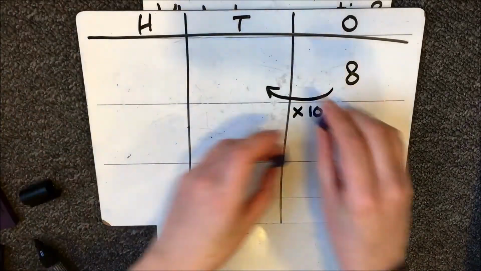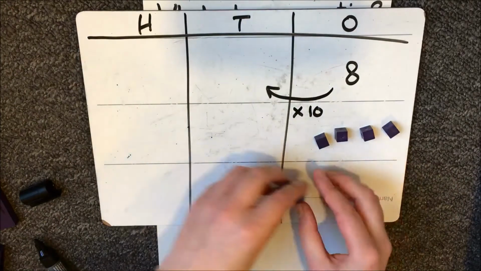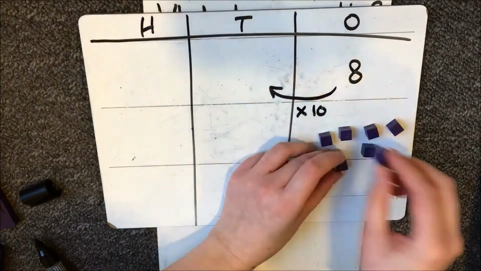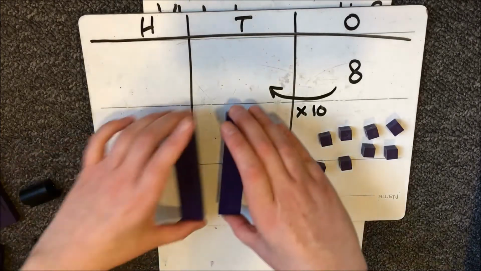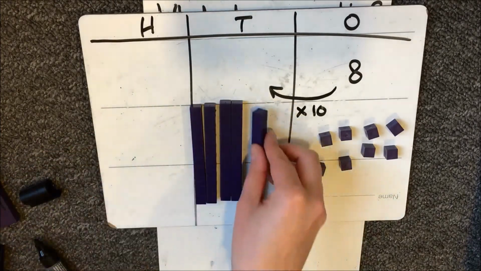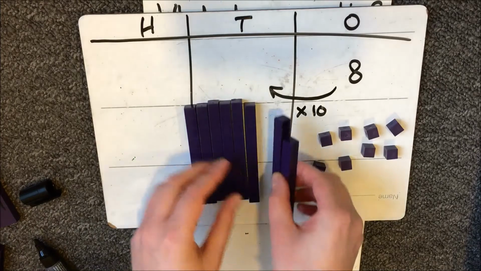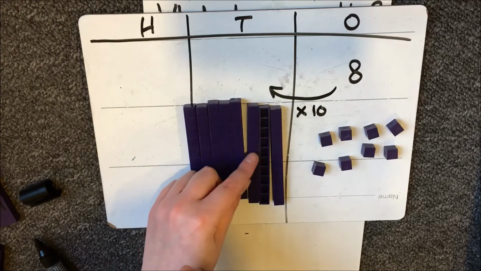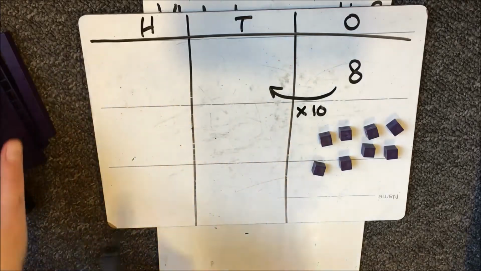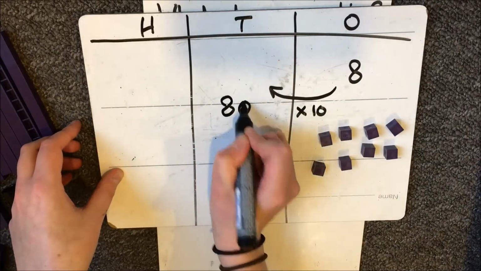So our 8 ones become 10 times bigger and turn into our tens. Count them to check. 10, 20, 30, 40, 50, 60, 70, 80. Got it?